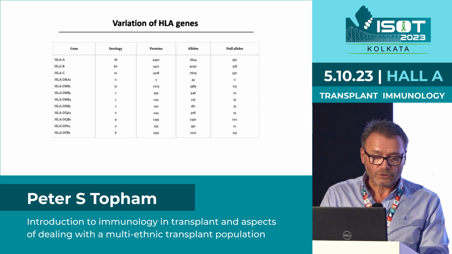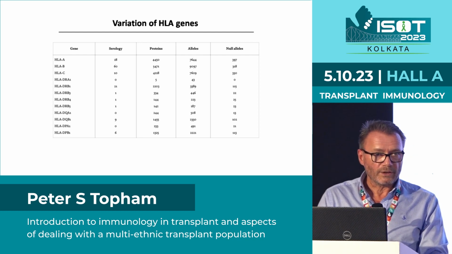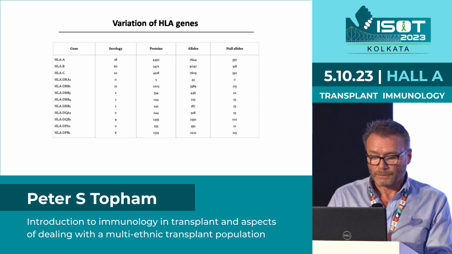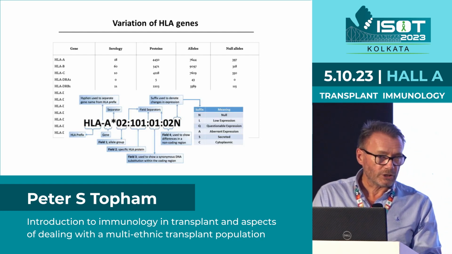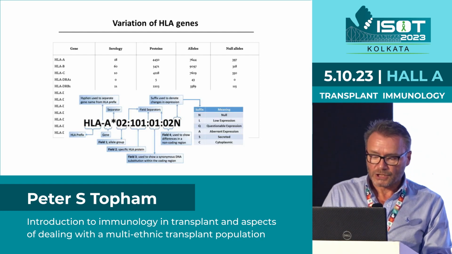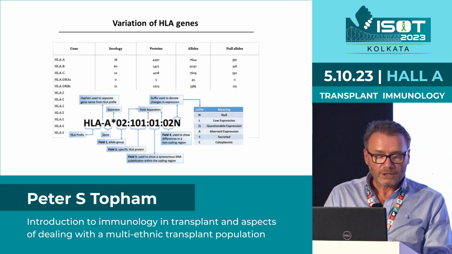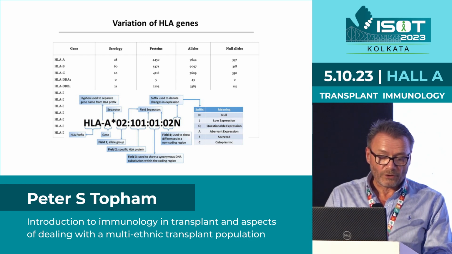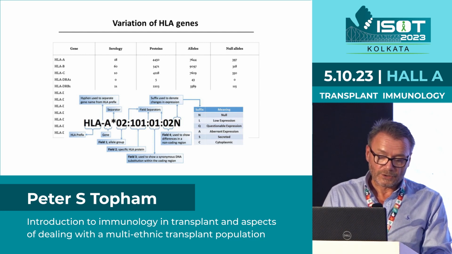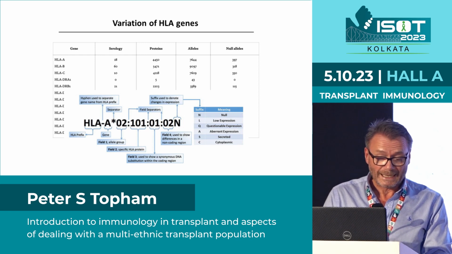And in terms of transplantation, the critical thing is what the immune system sees as foreign. And again, the nomenclature of HLA genes will be covered a bit later, but this just shows the modern context of it. So you've got the HLA prefix, then you've got A, which is the gene, then you've got 02, which is the allele group, so that will be HLA-A2, and then you've got another determinant of what the specific HLA protein is.